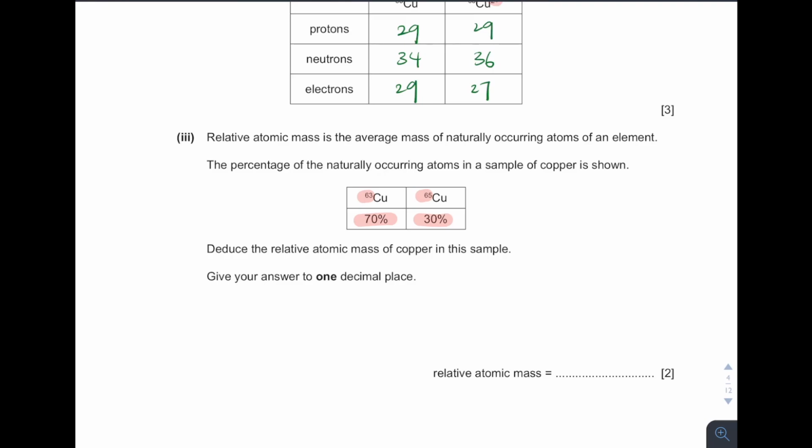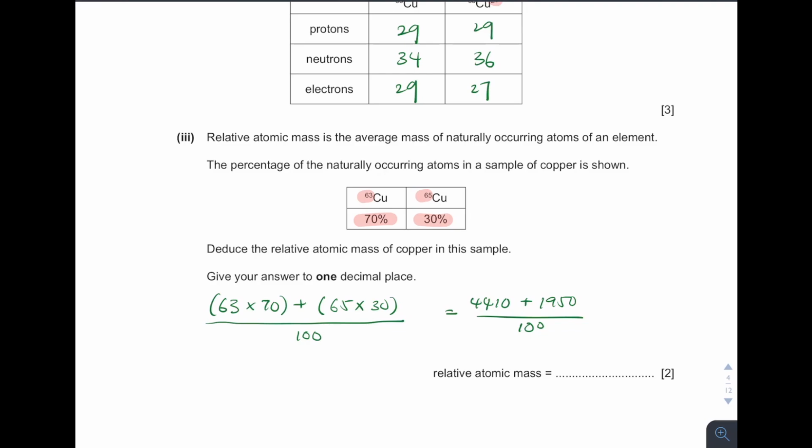Alright, so we carry out the calculation. The one with mass 63, 70%, plus the one with mass 65 multiplied by 30%. We divide by 70 plus 30. Total percentage is 100, so divide by 100. Okay, so eventually you will have 4410 plus 1950 divided by 100.